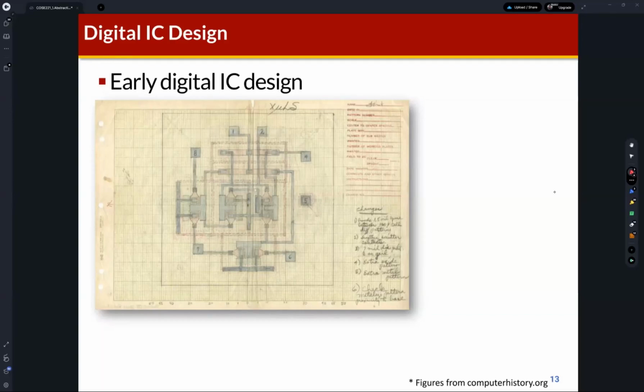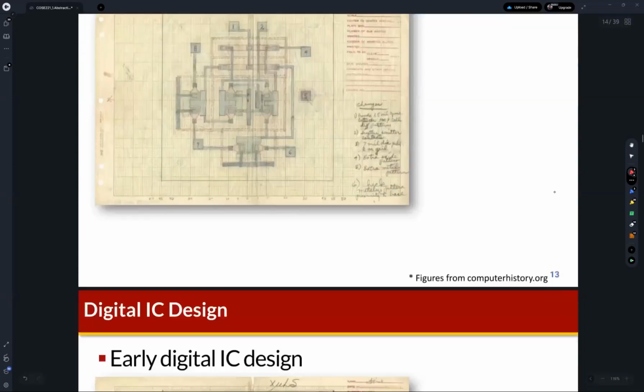And then the early people drew the layout of this design by hand. You can find the handwriting here, or you can also find the full layout of the IC design.